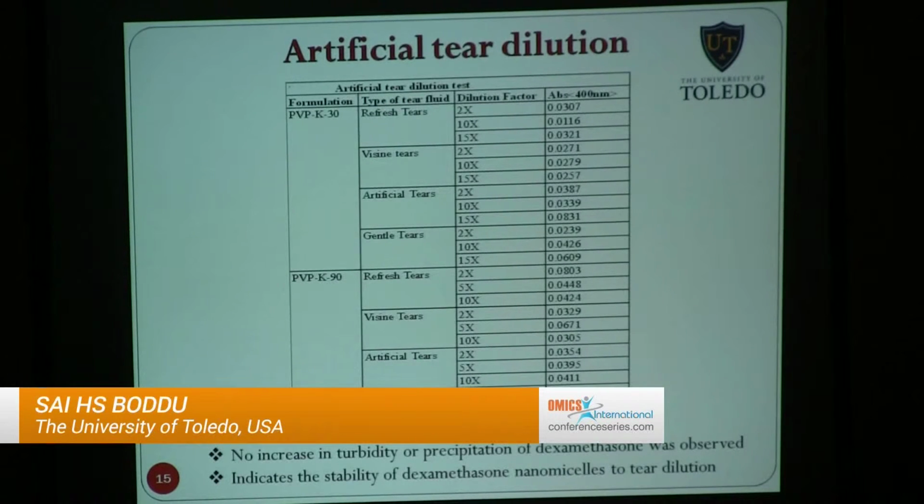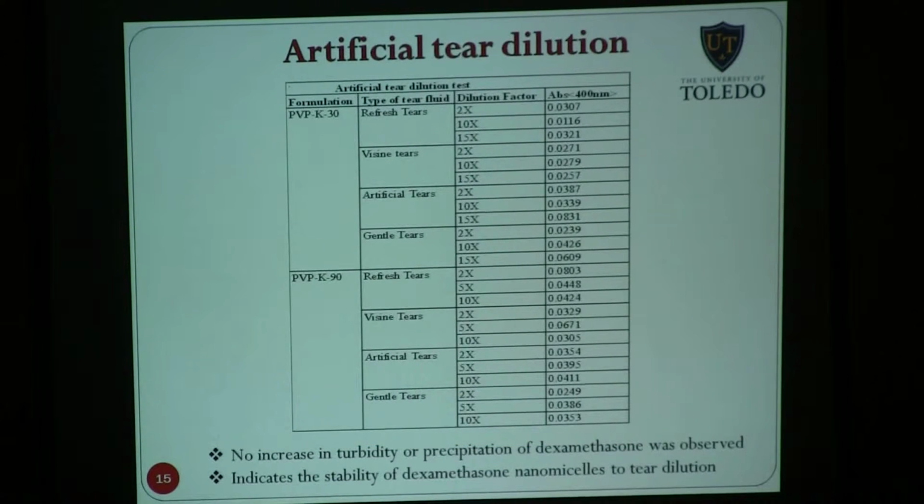Next is artificial tear dilution. When the nanomicelles are placed in the precorneal cavity, they get diluted with the tear fluids. So upon dilution, we want the nanomicelles to remain intact, or else the drug gets precipitated in the precorneal area and it cannot pass through the cornea and conjunctiva.